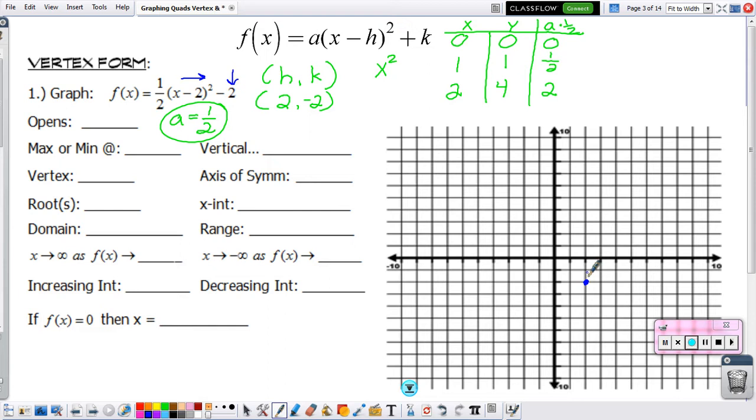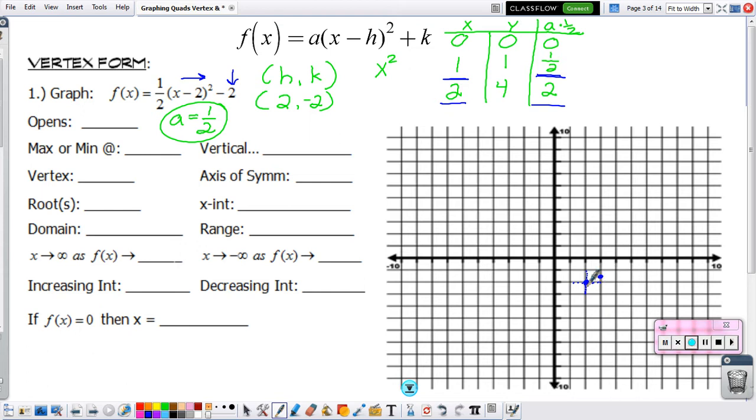We are now going to use our vertex as our reference point. We are going to plot the next 2 points off of our vertex, using our vertex almost like we would use the origin 0, 0. So from our vertex, if I'm going to plot the first point, 1, 1/2, I would go over 1, up 1/2. Okay, now I went over 1, up 1/2.